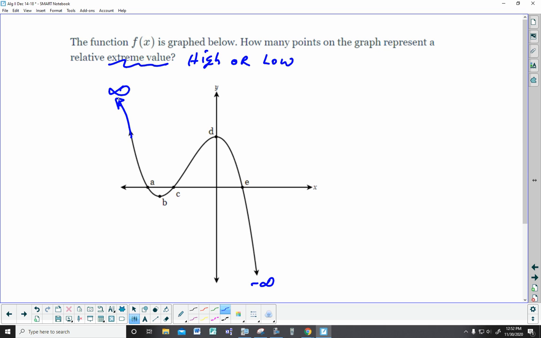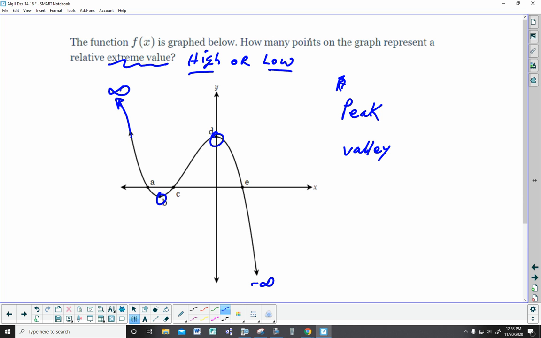Now, because this goes on forever, it doesn't actually reach a maximum, or it doesn't actually reach a minimum. So those aren't high points or low points. That's a high point, and that's a low point. So in other words, you're looking for a peak or a valley. It has one peak and one valley.